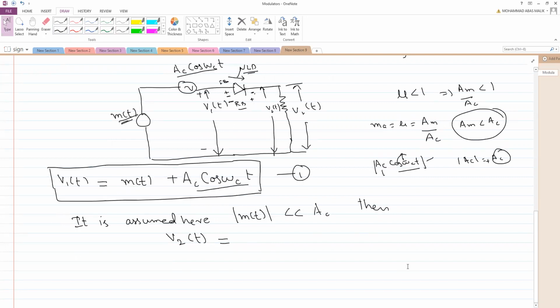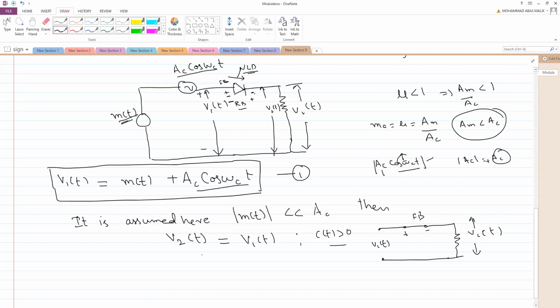V2 of T will be equal to, if this is forward biased, can I draw the diagram like this? Let this be V1 of T. If this is forward biased, can I say this is nothing but a short circuit? Because I am considering an ideal diode, not a practical diode. Whatever V1 of T you have here, you will get the same V2 of T here. So in the first situation, when the diode is forward biased, V2 of T will be equal to V1 of T, and in this case, obviously cos omega CT should be greater than 0.